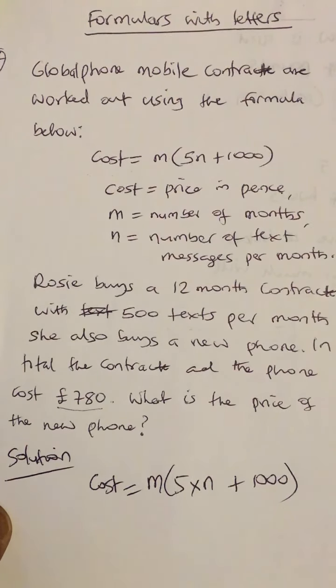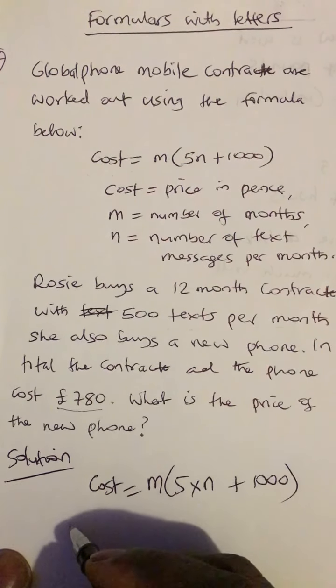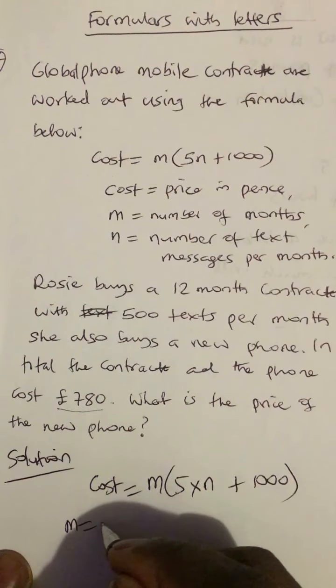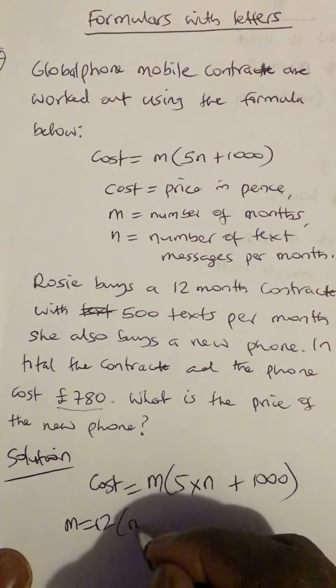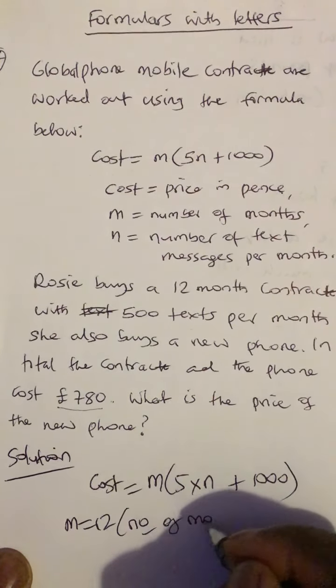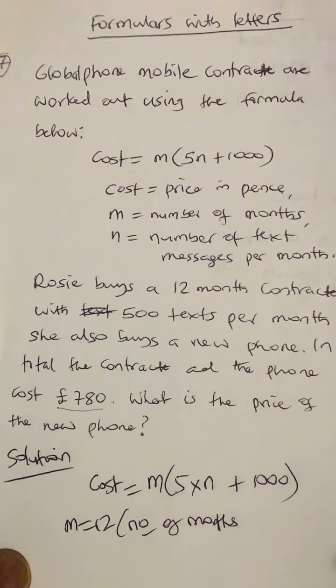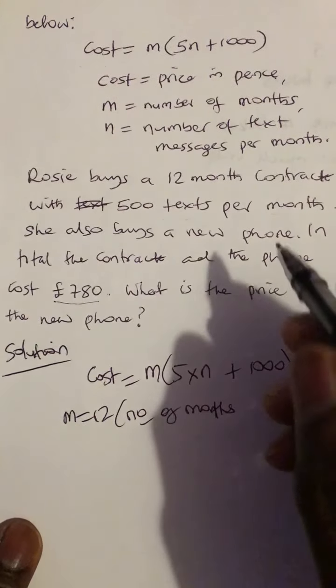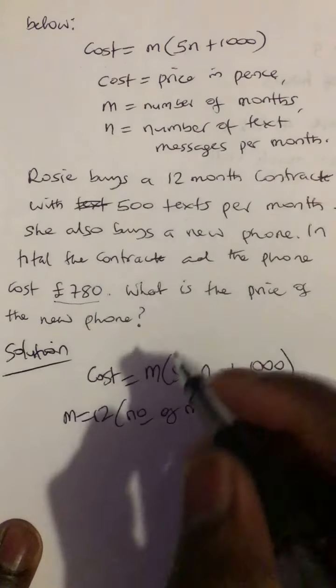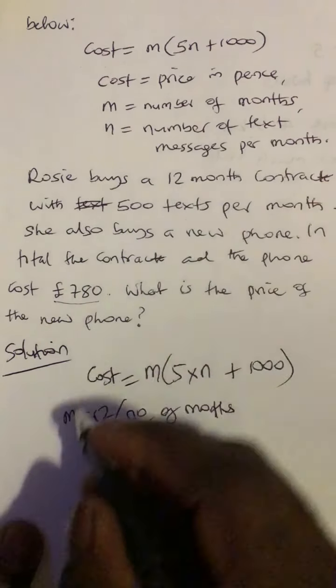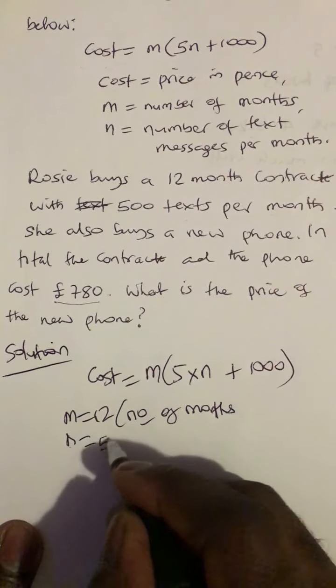Here we know that the contract is for 12 months, so our M is equal to 12. That's the number of months. And our N, which is the number of texts, N is equal to 500.